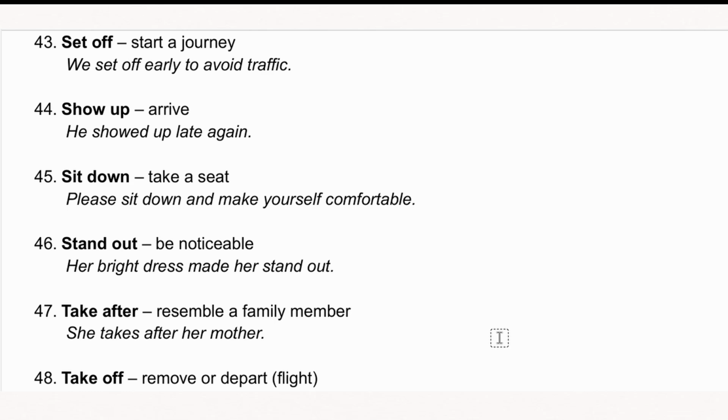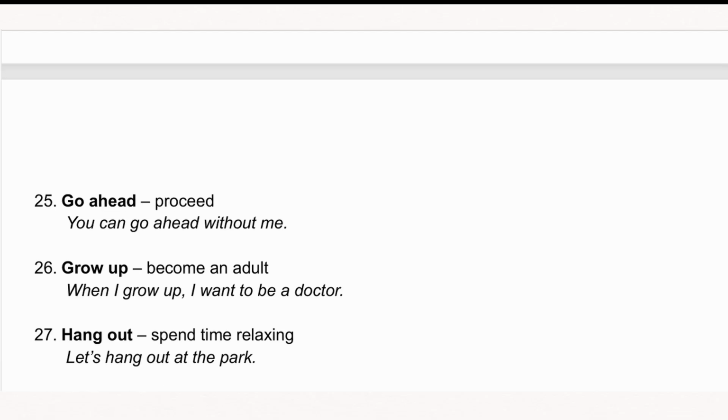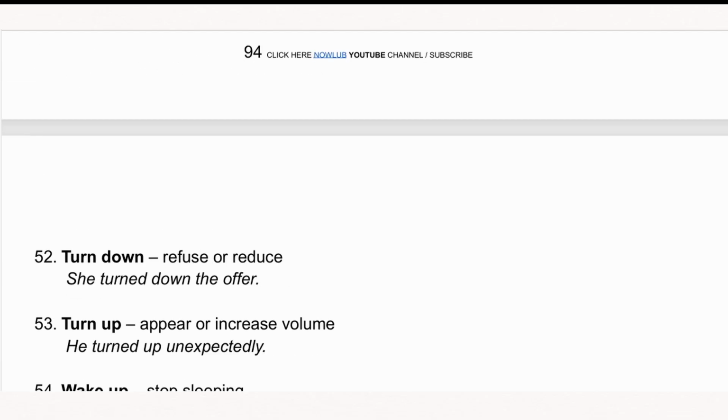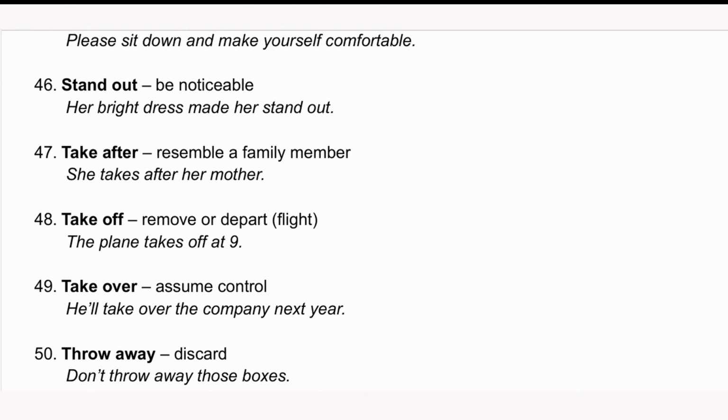48. To take off. To take off means to remove or depart.